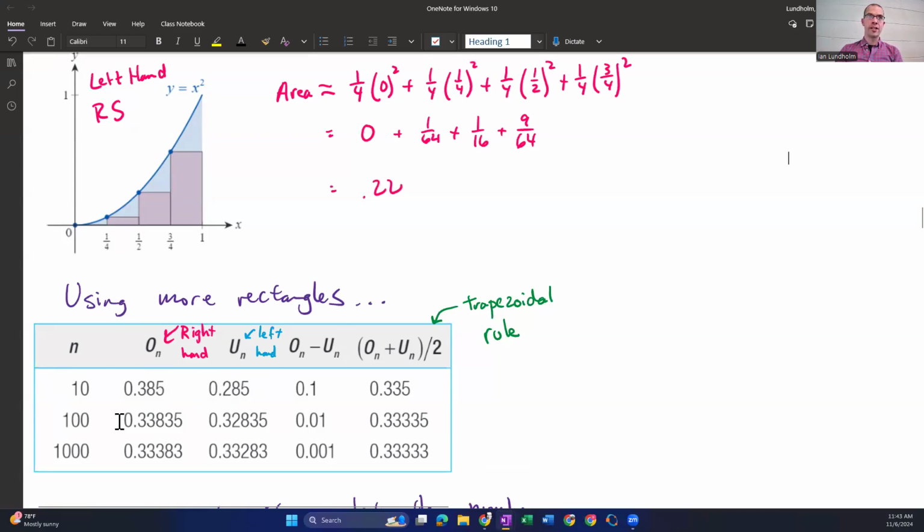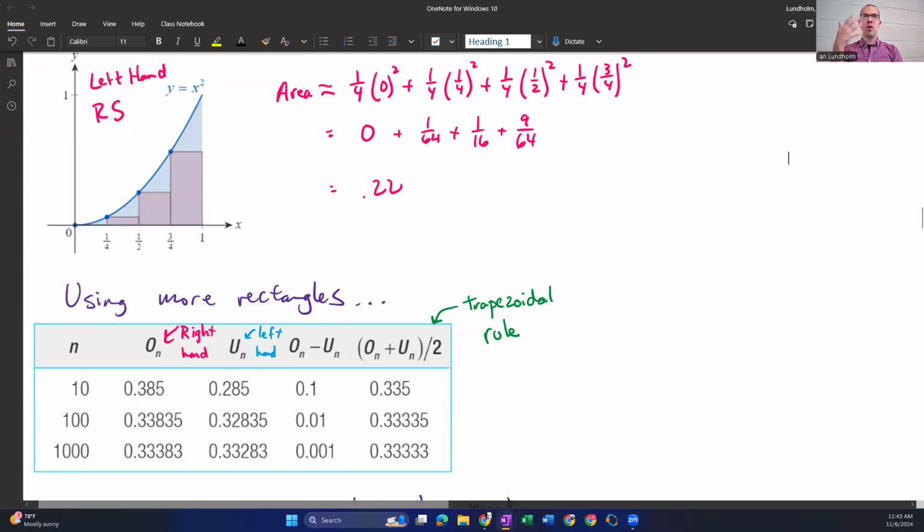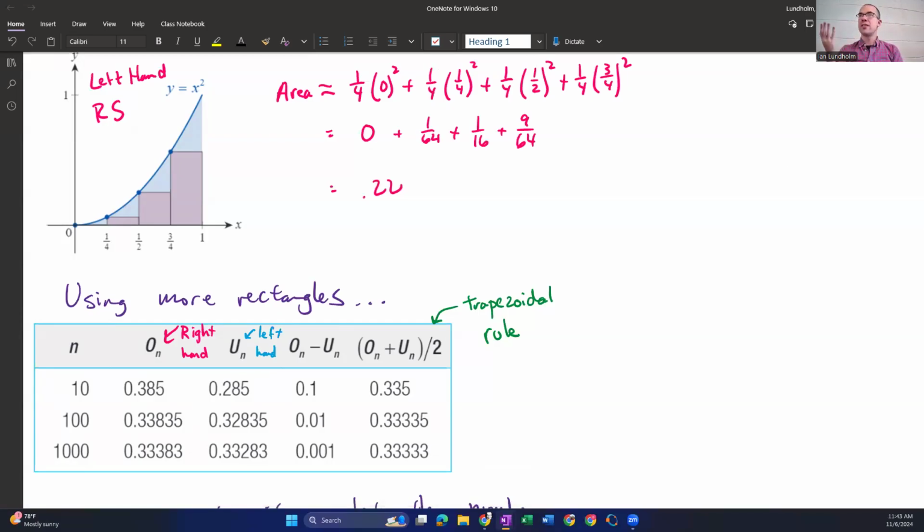If we used 100 rectangles, or 1,000 rectangles, the idea is the more rectangles that you use, the more accurate an approximation that you get. And like we were utilizing the limit as h goes to 0 to do our derivatives, we're going to use the limit as n goes to infinity to calculate integrals.